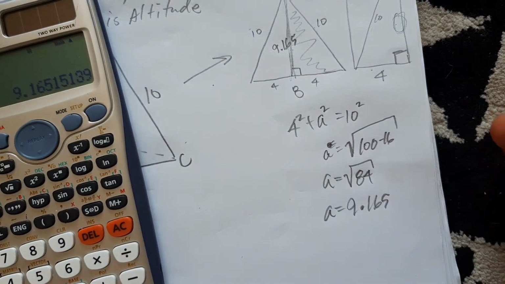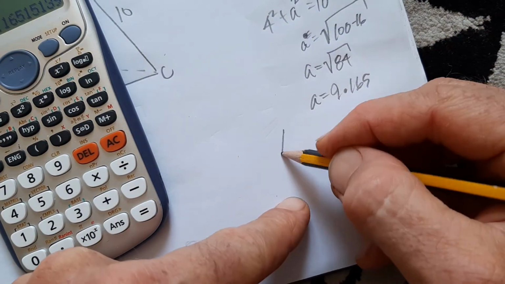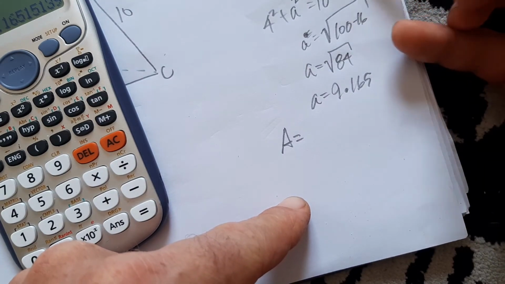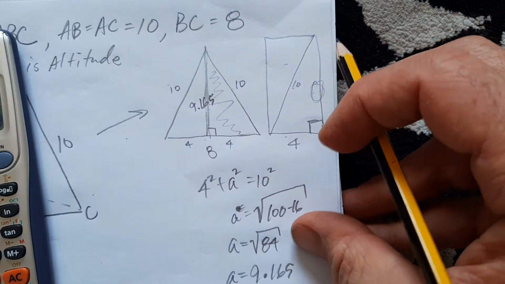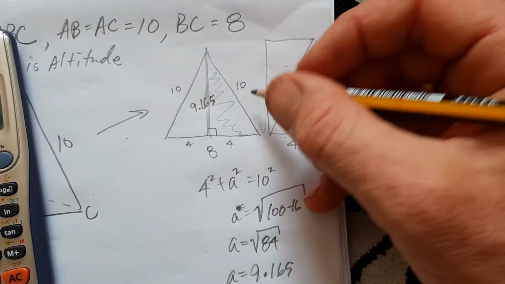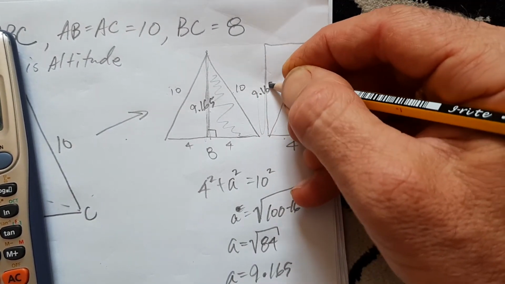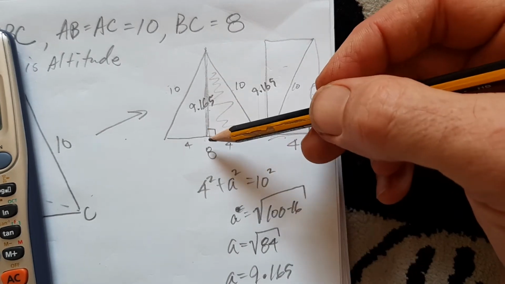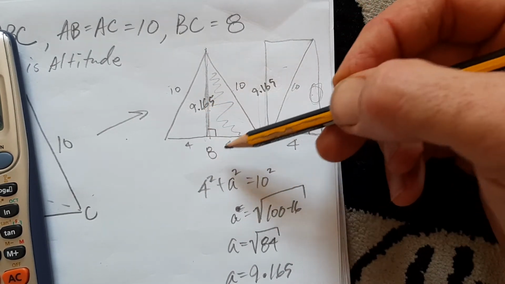9.165. So the area of the triangle would be this height times this base. Oops, sorry. This height, 9.165, times that base, times 4. Or you can look at it as a triangle, 8 times 9.165 divided by 2, right?